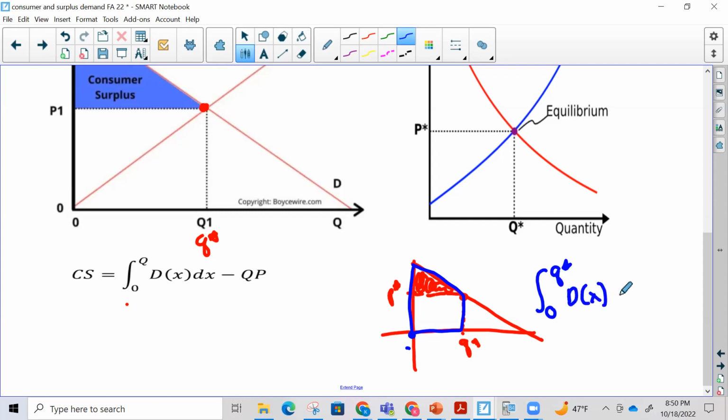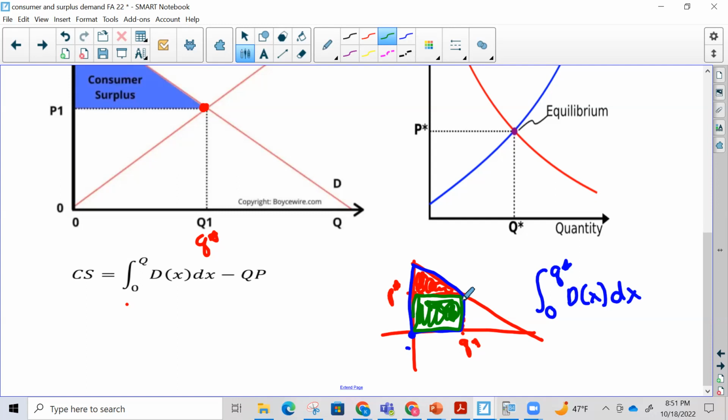That would give me the area that I outlined in blue. But for the consumer surplus, we only want this area that I have in red. So I need to take out this area shaded in green, and we need to subtract that area out.